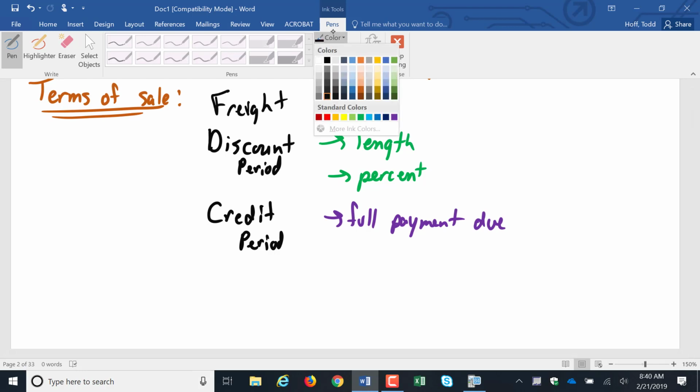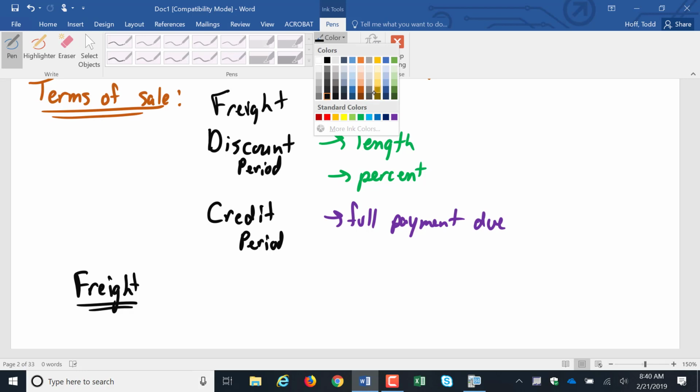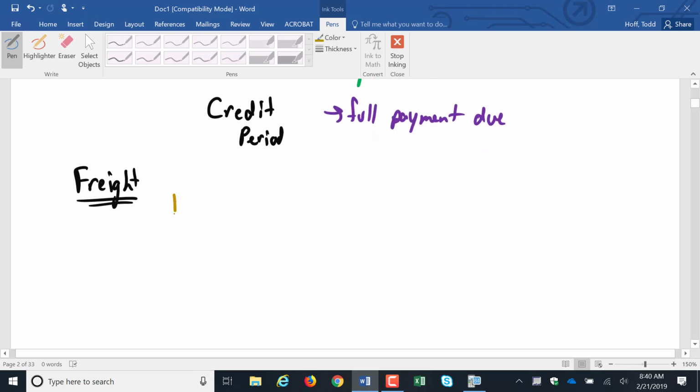So the freight is pretty simple. The freight simply, who pays? And the term that's used there is usually the term free on board. FOB stands for free on board.